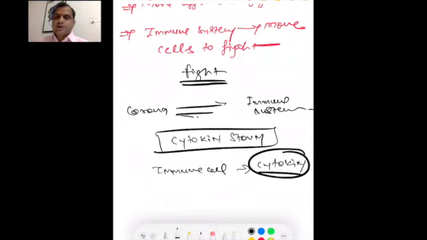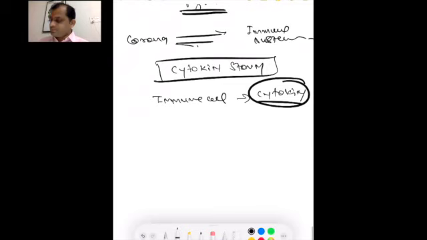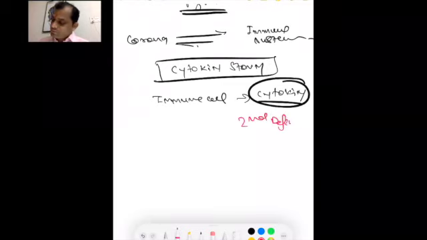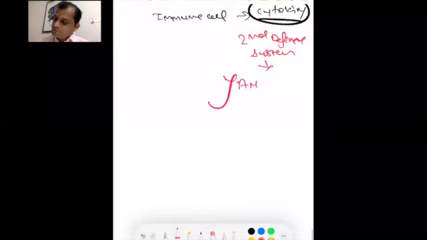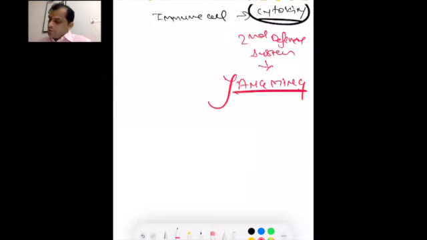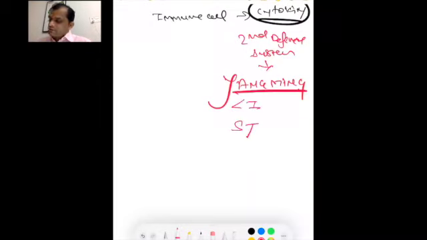On the other side, corona is in form. The second defense system of the human body is called Yang Ming. Yang Ming means, as per acupuncture, the large intestine and stomach.